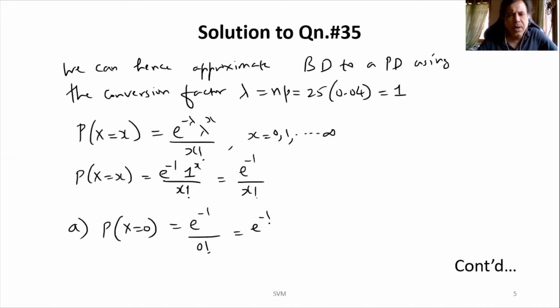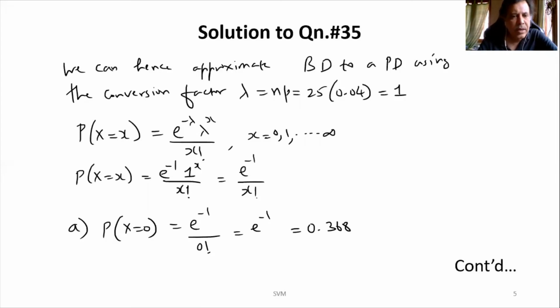Let me just check e power minus 1 from the tables. E power minus 1 is 0.368, right?